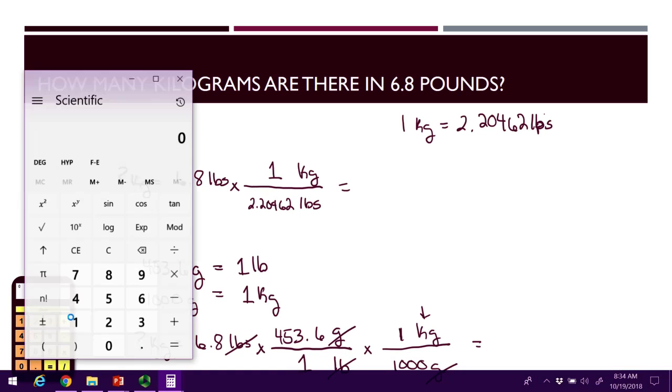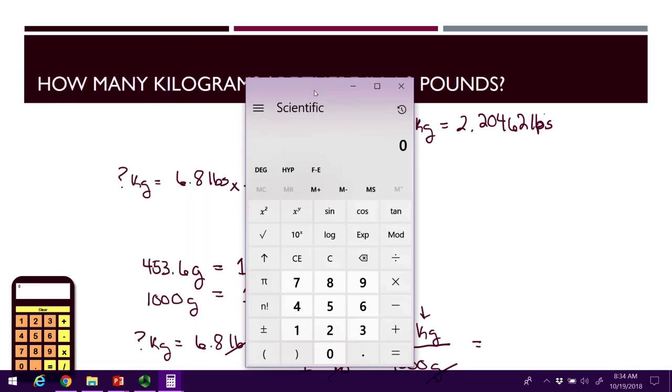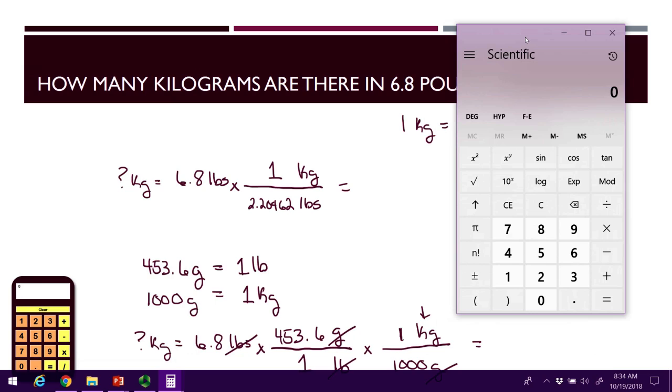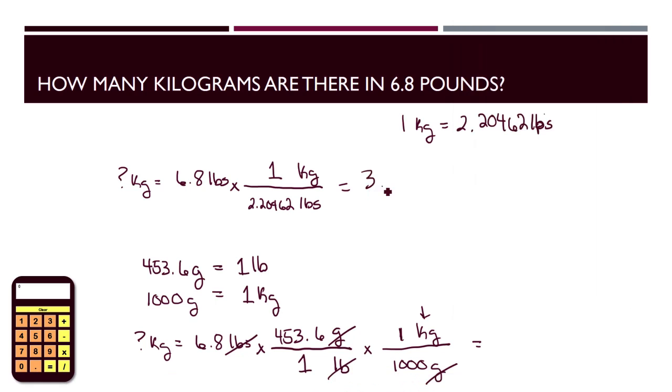So in my first way of doing it, I'm going to take my 6.8 and divide it by 2.20462. And the answer that I get is 3.08. My original measurement just had 2 significant figures, so I'm going to round this off to 3.1. So this says there are 3.1 kilograms in 6.8 pounds.